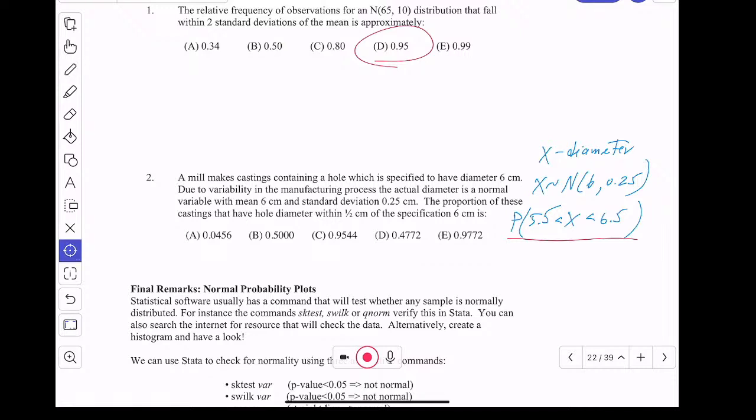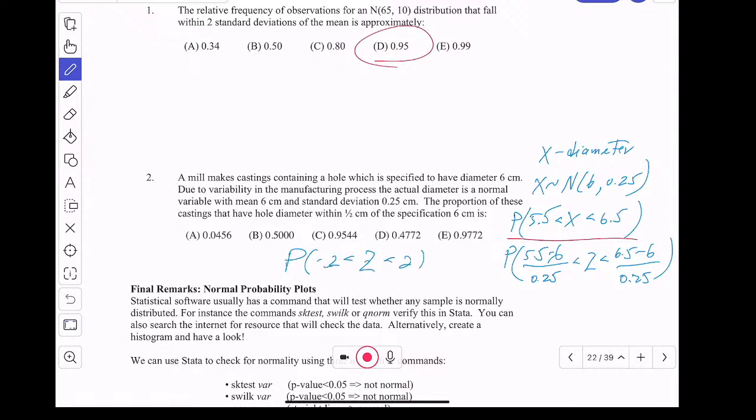Now this is to 4 decimal places. So the question ends up being, and that answer is C.